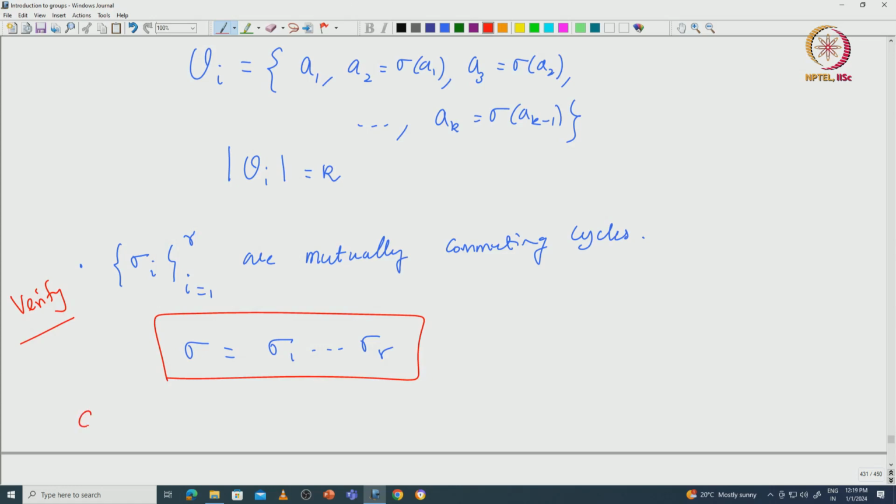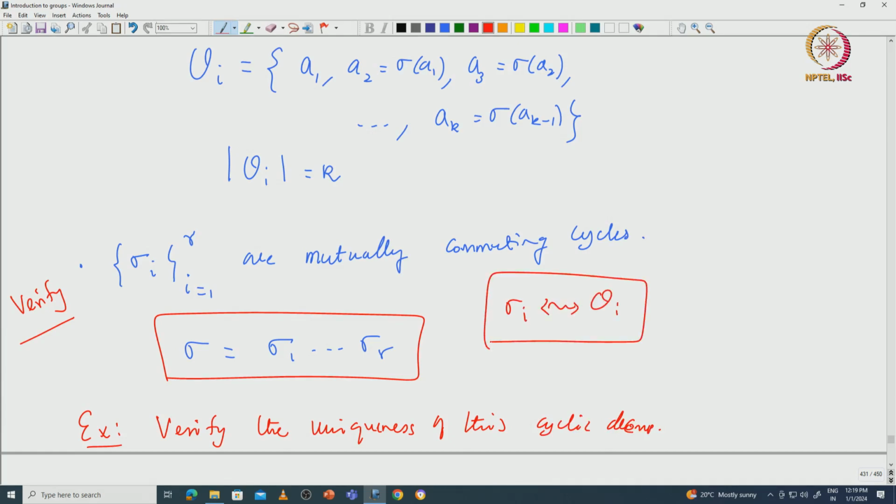Again, verify the uniqueness of this cyclic decomposition. All you need to check is that sigma_i corresponds to O_i, and this i is coming from this capital lambda.